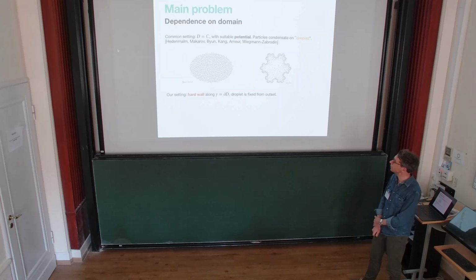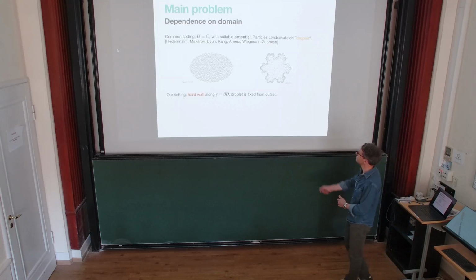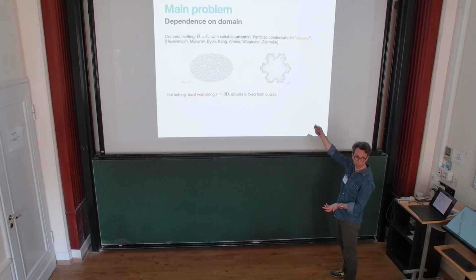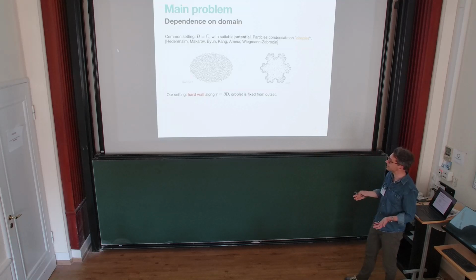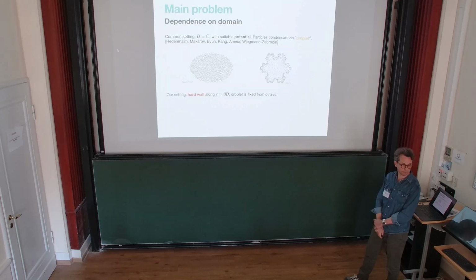In our setting, we instead fix the domain. In some sense, we fix the droplet, and we force our points to be confined there. Of course, you could think of this also in terms of having a potential that's equal to plus infinity outside your prescribed set, and 0 inside.